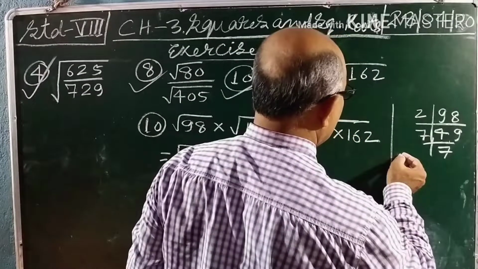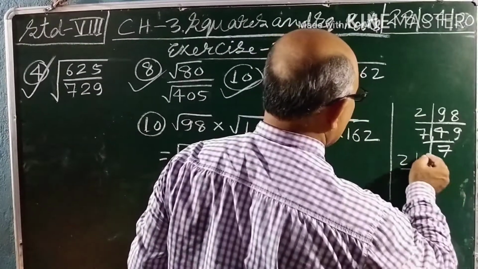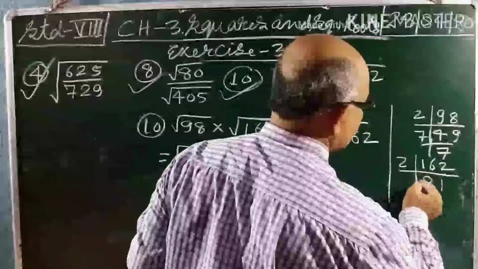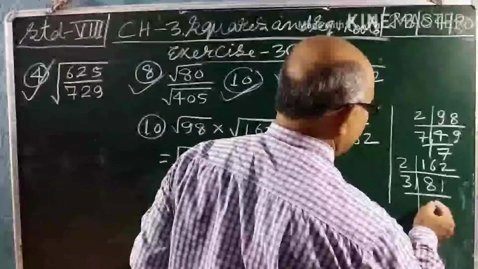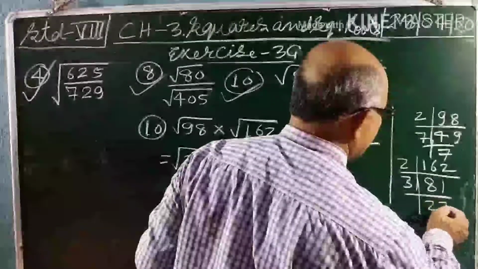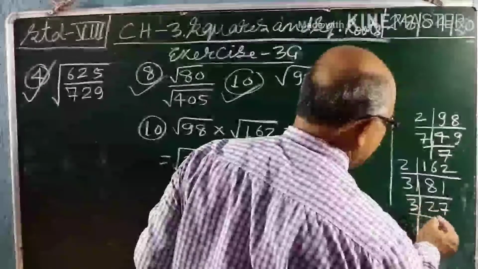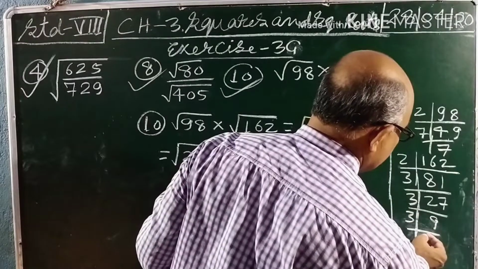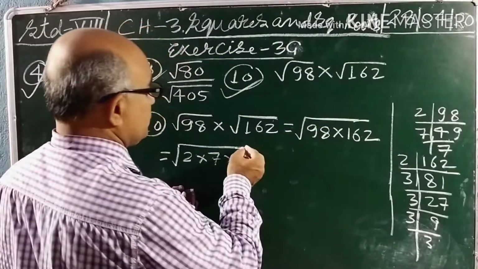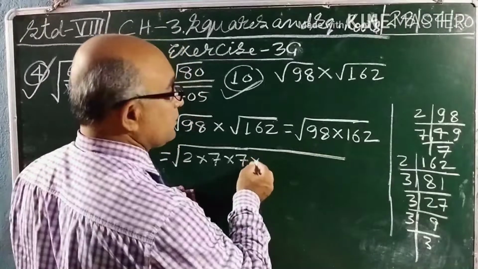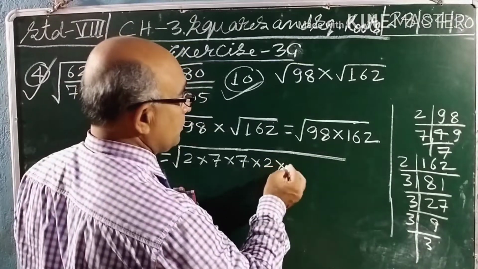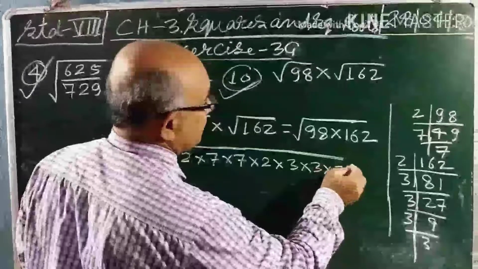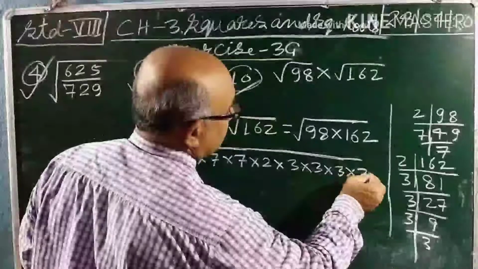Now find the prime factors of 162 also. 2 times 81 is 162, 3 times 27 is 81, also 3 times 9 is 27, and 3 times 3 is 9. So the prime factors of 162 are 2 into 3 into 3 into 3 into 3.